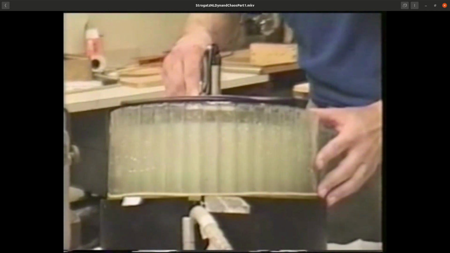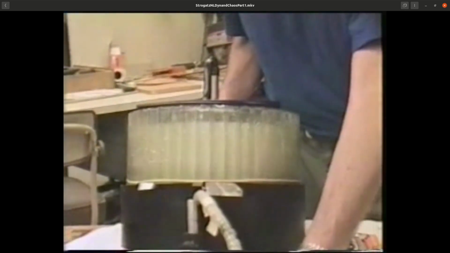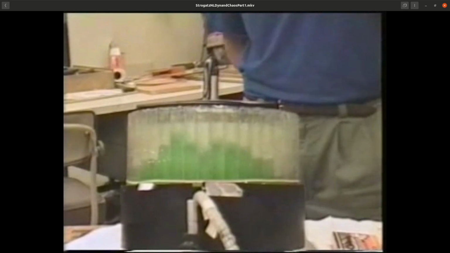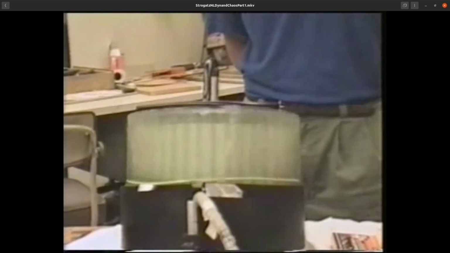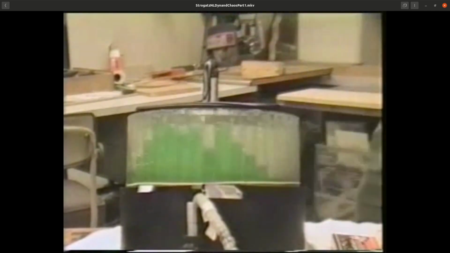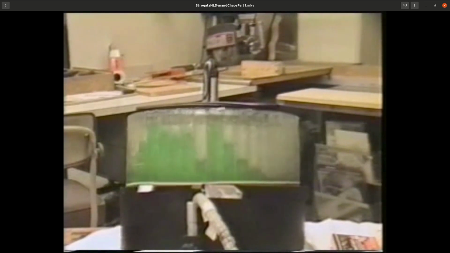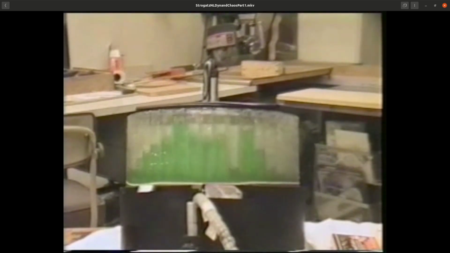Now if I tighten the brake a little bit, I should be able to see a complicated motion in which there are irregular and unpredictable reversals of the wheel. So far it's just rotating to the right.